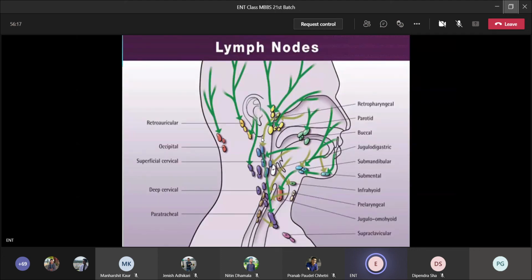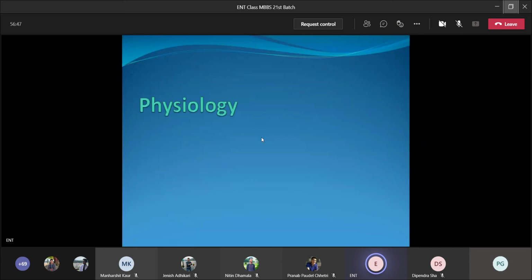In the diagram showing the lymph nodes: retropharyngeal, parotid, buccal, jugulo-digastric, submandibular, submental, infrahyoid, prelaryngeal, jugulo-omohyoid, and supraclavicular, pretracheal, deep cervical, superficial cervical, occipital, and retroauricular. So these are the lymph nodes.